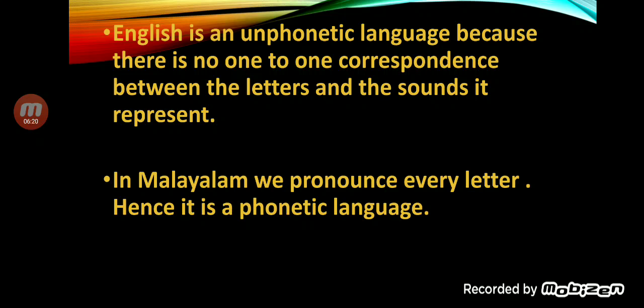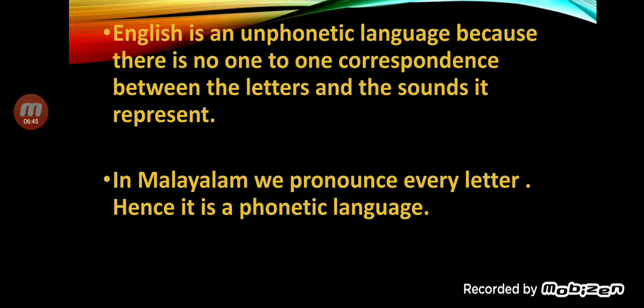Phonetic means every letter has a sound. So there is sound for every letter. Or it is pronounced as it is written. Means every letter has a sound. So it is phonetic. But English, sometimes you find that some letters are silent. And also, as I said, the letter C has got different pronunciation in different words.